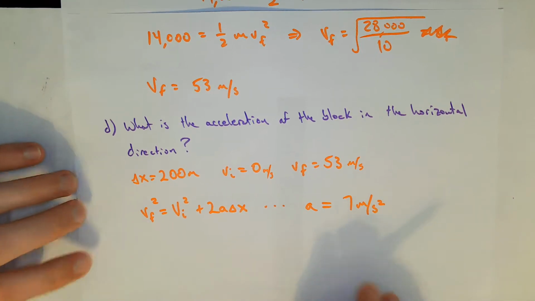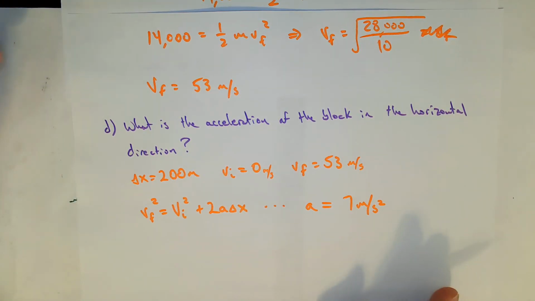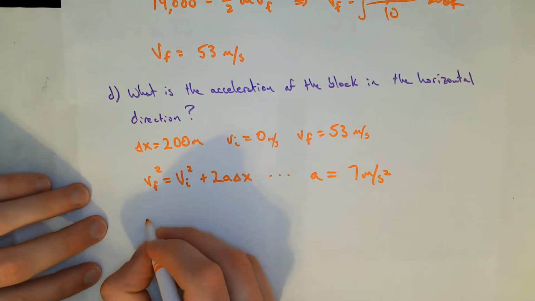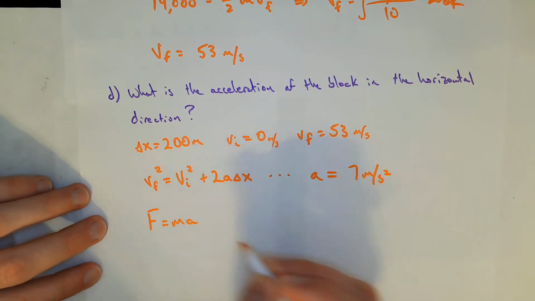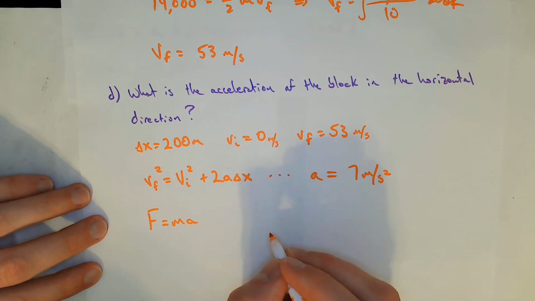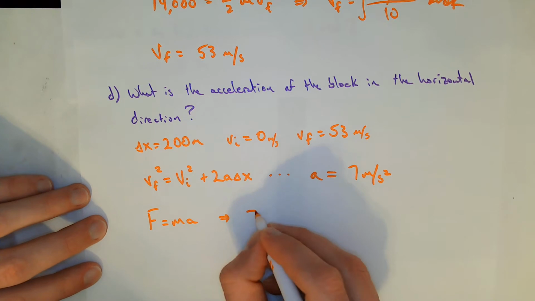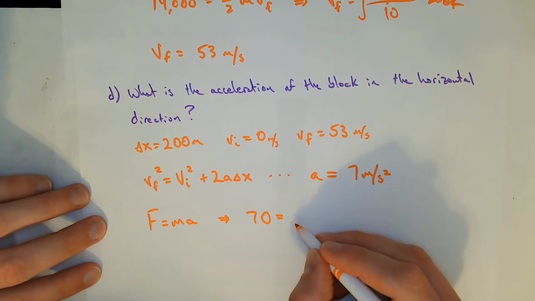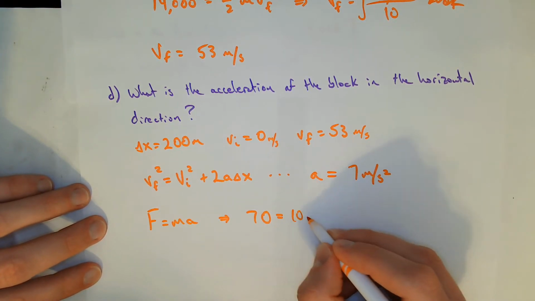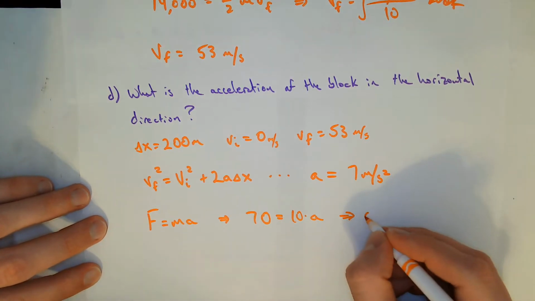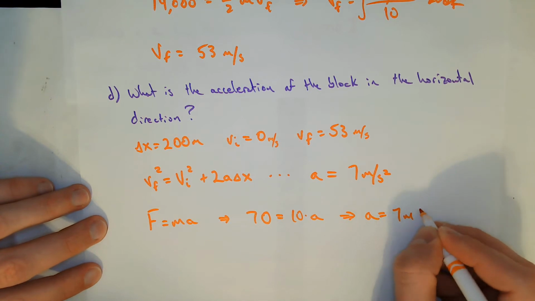Also, as an alternative way of solving this, because now we've branched out of using kinematics, we have other tools. We can also say, well, I know my force is equal to mass times acceleration, and my force is 70 newtons, and my mass is 10 kilograms times acceleration, and you see that much faster that A is equal to 7 meters per second squared.